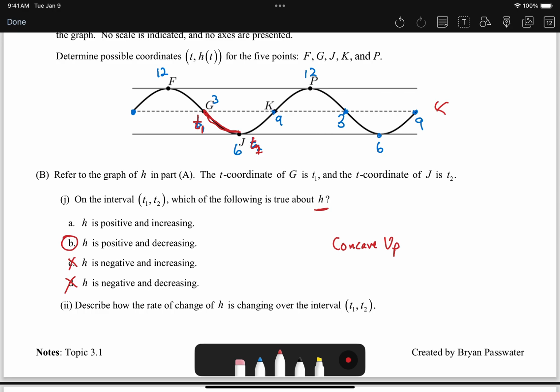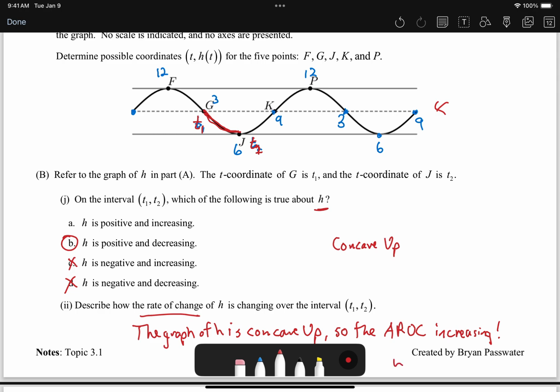It's going down. However, let's talk about the rate of change. What about the rate of change? Well, the graph of H is concave up, right? So that makes the average rate of change, what do you think? If you said increasing, you'd be correct.